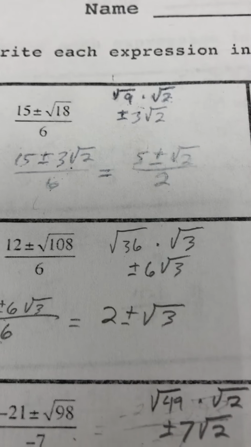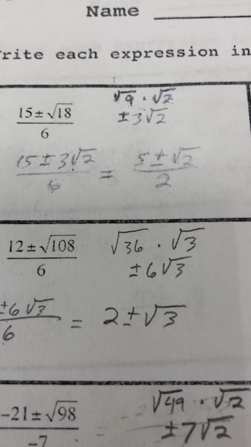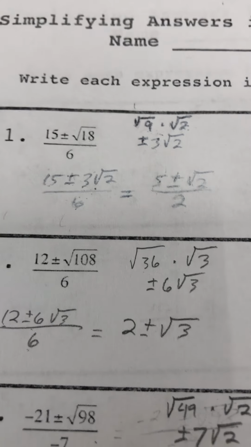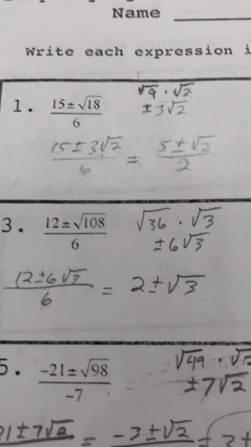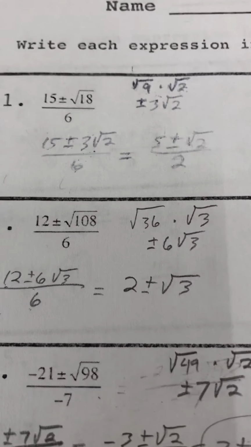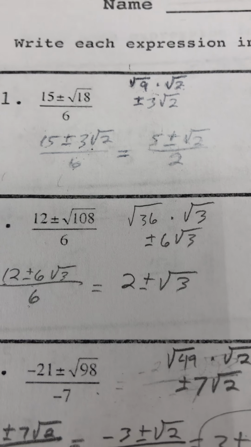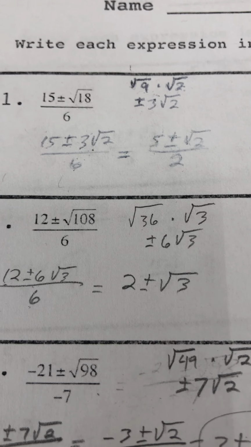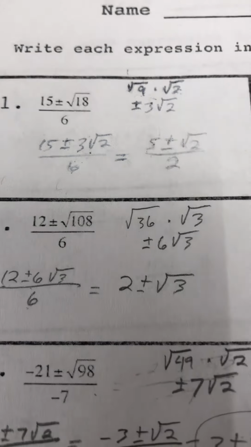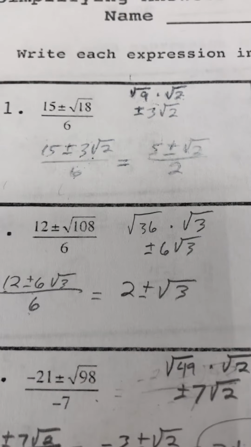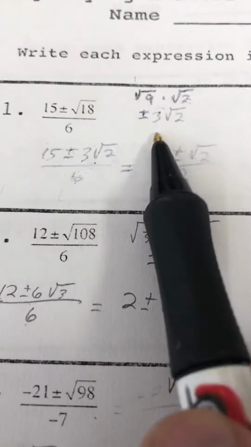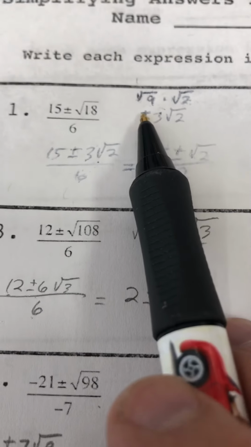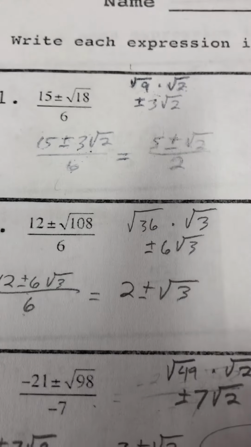Or you can go online and look up a factoring calculator and type in 18, or use a list of perfect squares. You could look up perfect squares and just start trying some of them, and that's actually what I did when my calculator batteries went dead.